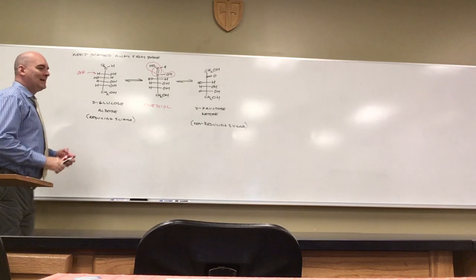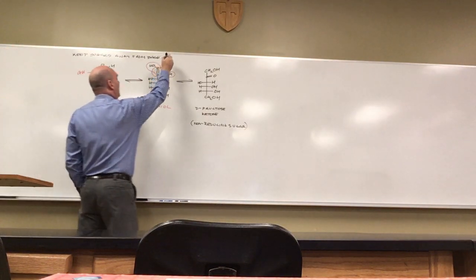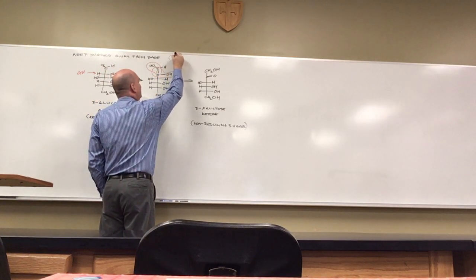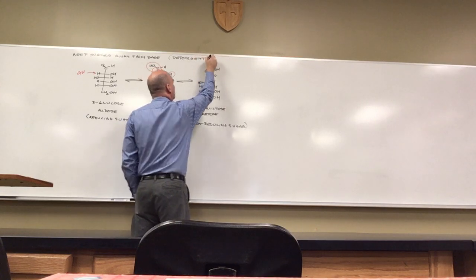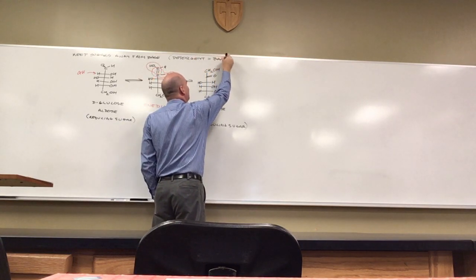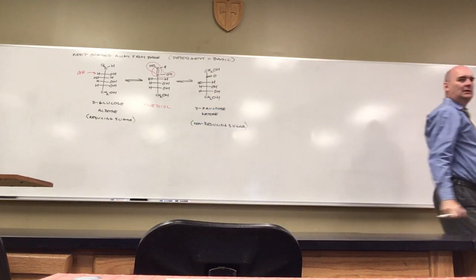And that's a bad thing down to the level of keep your sugars away from base, which means things like, how do you wash your glassware? Because detergents are basic. Soap is basic.